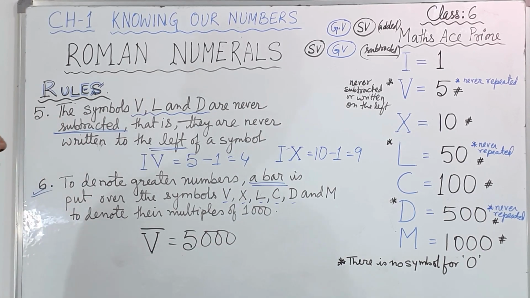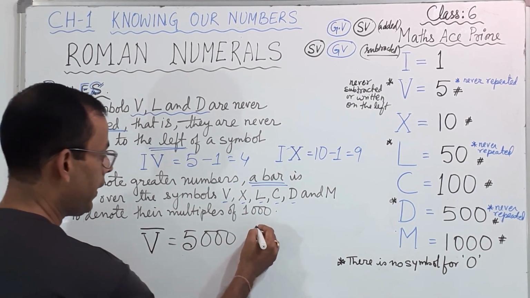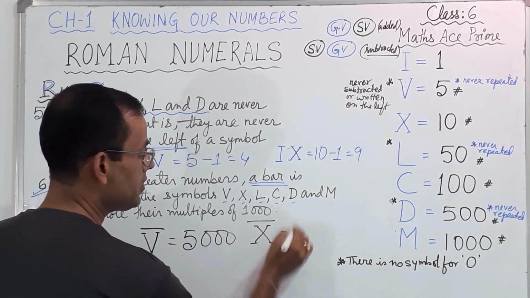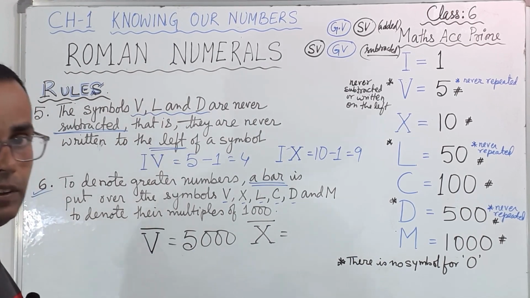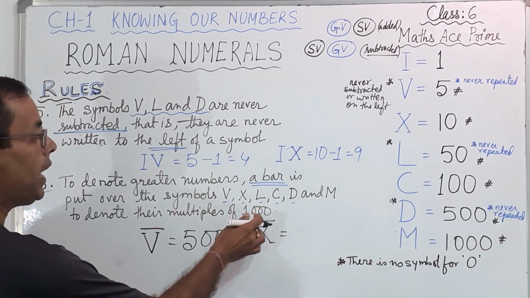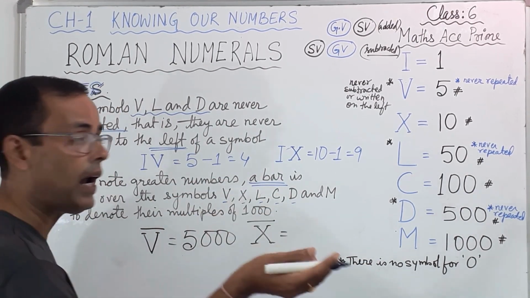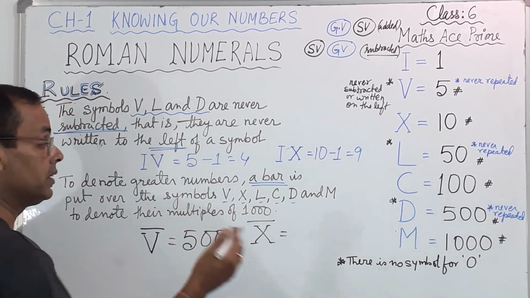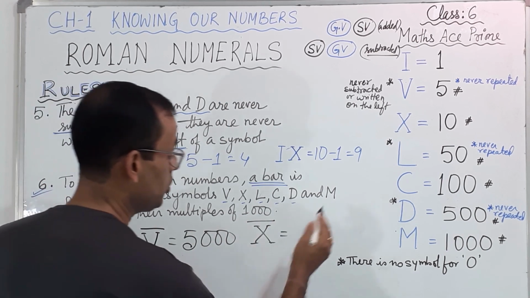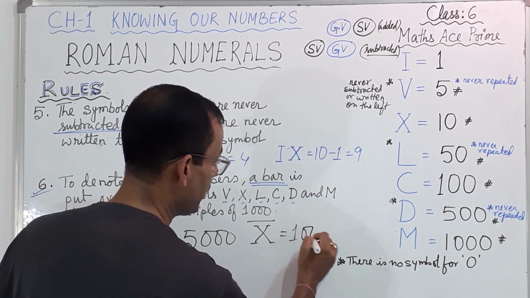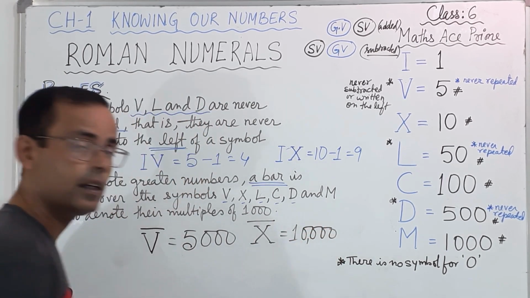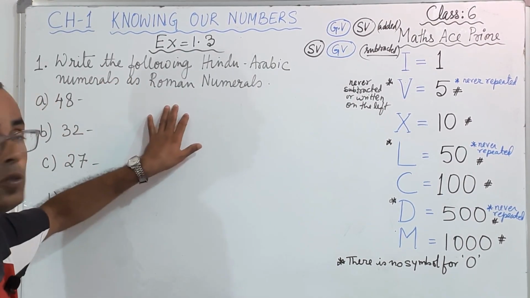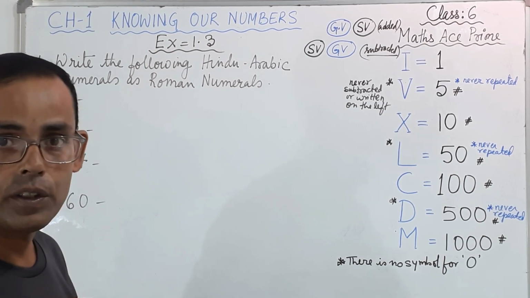Another one, if I write X and put a bar: X means 10, but with a bar, 10 multiplied with 1000. They have told multiples of 1000. So this will represent 10,000. Clear? Understood?